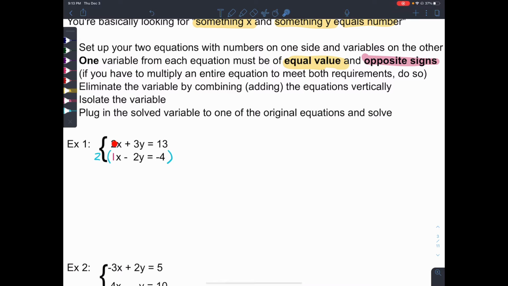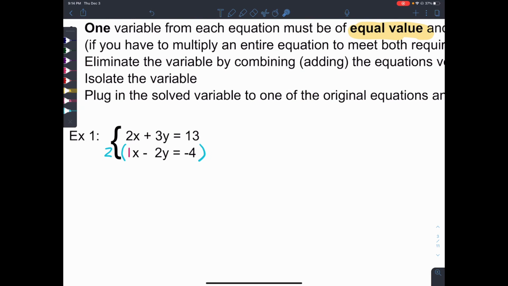This one is positive, and this one is also positive, which means we'll also need to fix the signs. Since I'm already multiplying the bottom one, I'm going to continue multiplying the bottom one, and I'll multiply it by -2 instead, since that will fix the sign issue.